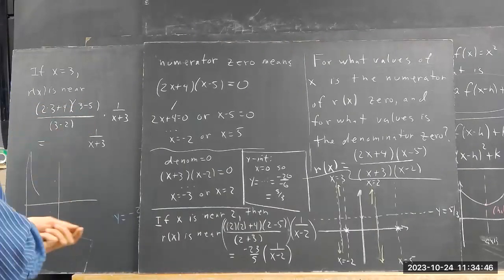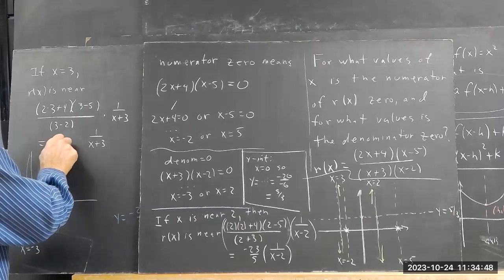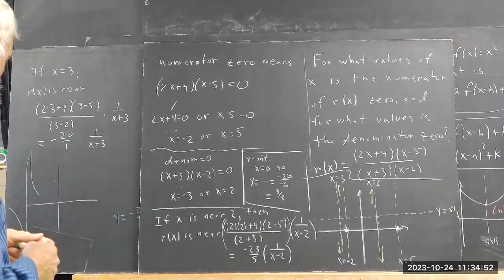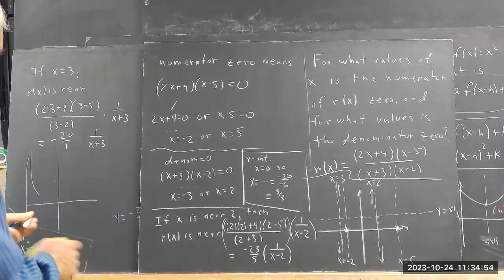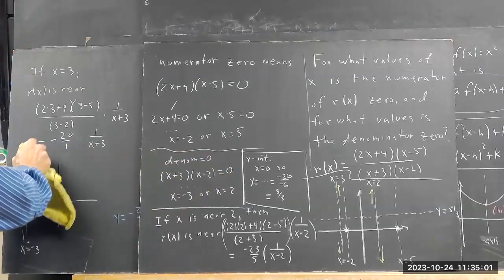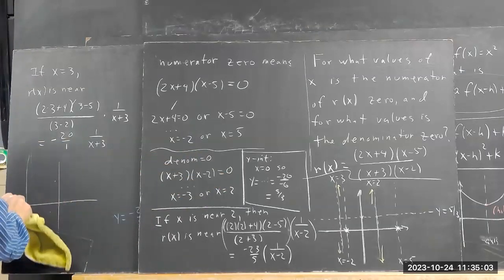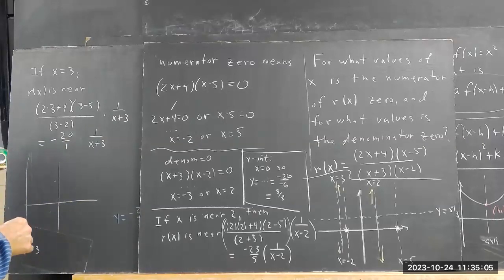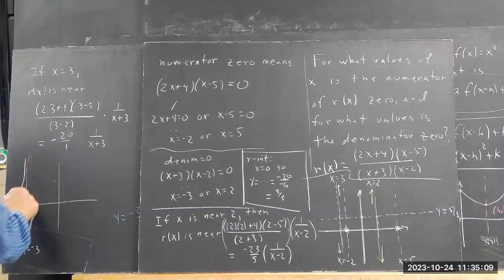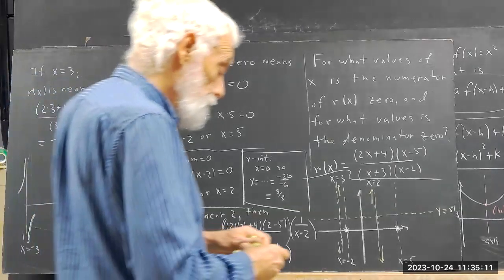That's -20 over 1. So this is -20 over 1 times 1 over x plus 3. So our graph for this asymptote has to look like this, which means I've got something else to fix over here.